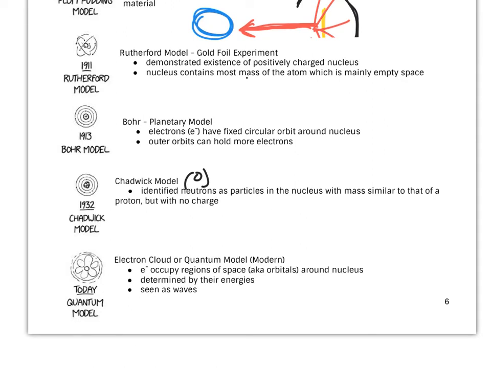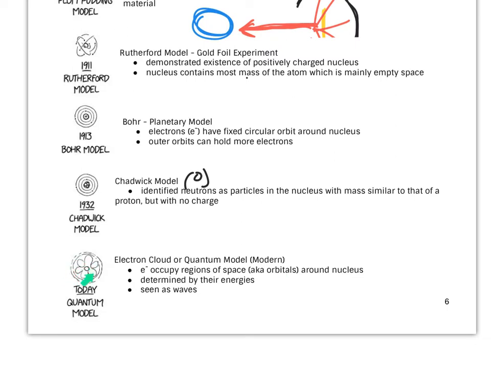Today, many advancements were made, but we didn't really change it until the model that we have today, which we adopted a few decades ago: the electron cloud or quantum model. It's the most modern model of the atom that we go by. Today we know that electrons occupy regions of space that we call orbitals around the nucleus.